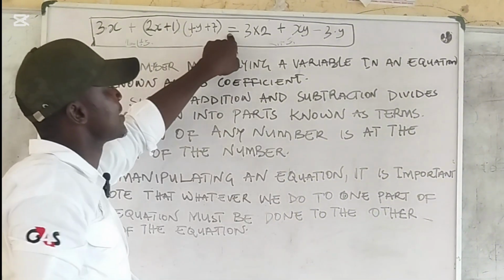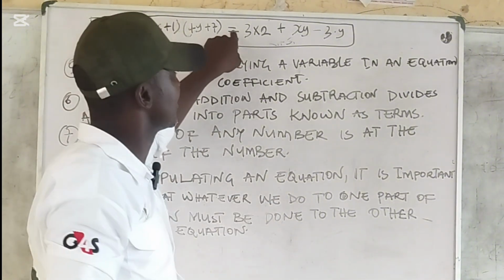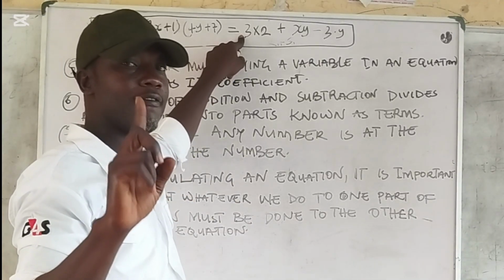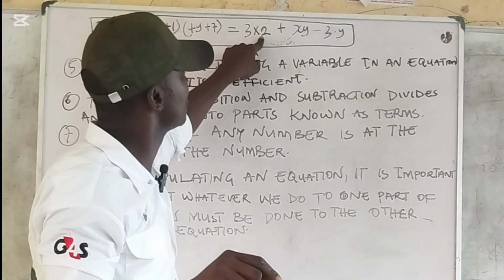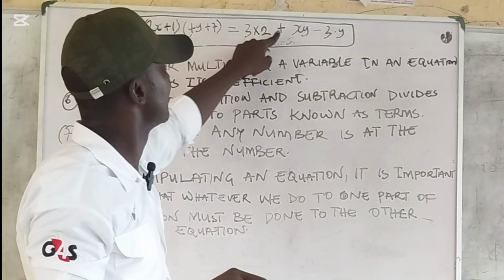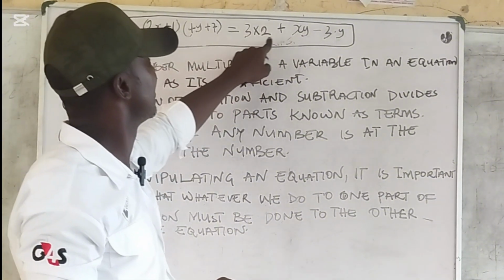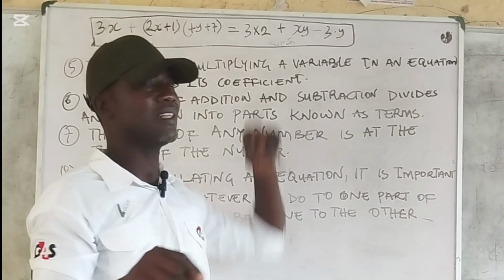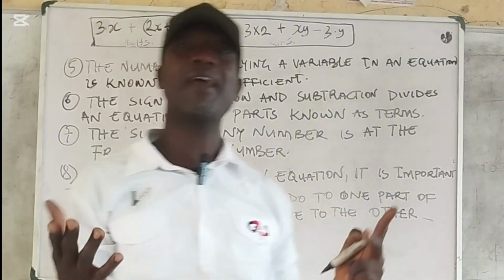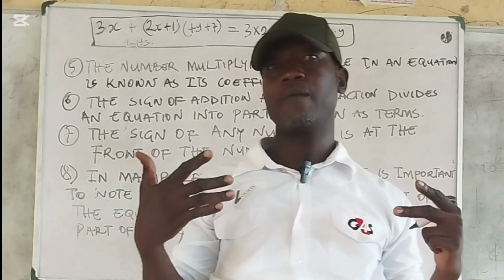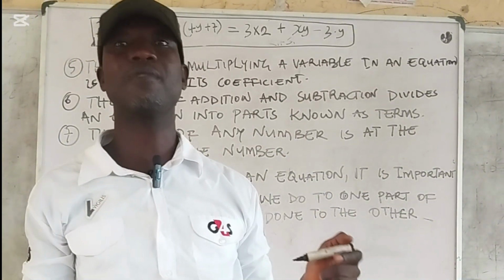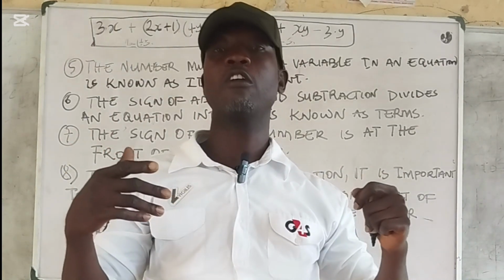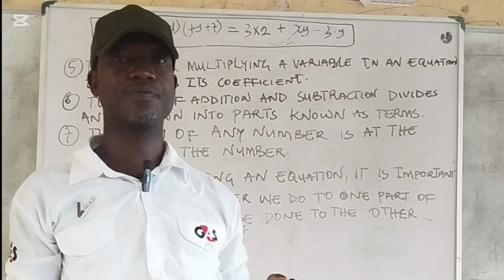This is the major sign that has enabled us to know that we are dealing with an equation, right from the first facts. So let's go down here. We have a plus here and a minus here. This divides this into, this is a term, this is a different term, and this is a different term. These are minor things or minor facts, but they help greatly in enabling us solve or navigate through equations.